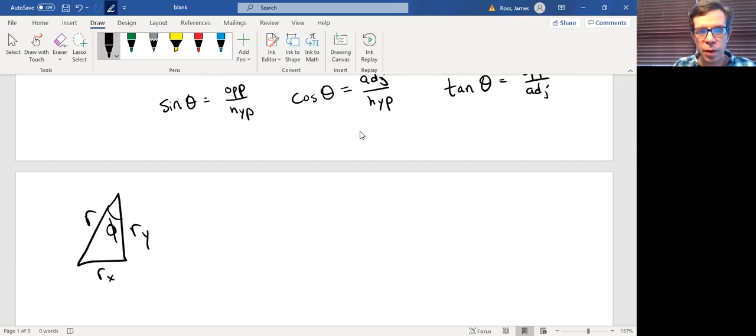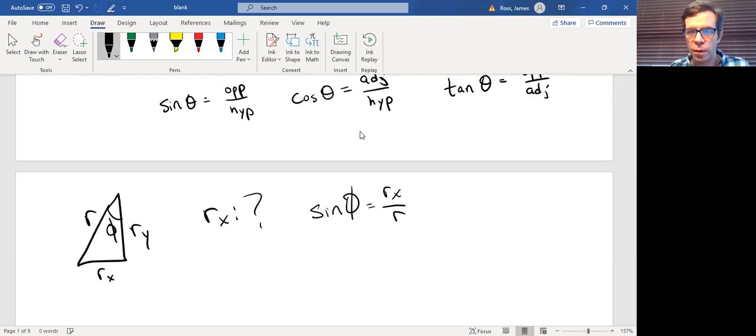If I wanted to find Rx, how would I do that? Well, if I look at the angle phi, Rx is the opposite. So I'm going to use the sine because that's the one that has the opposite. The sine of phi is equal to the opposite side over the hypotenuse.